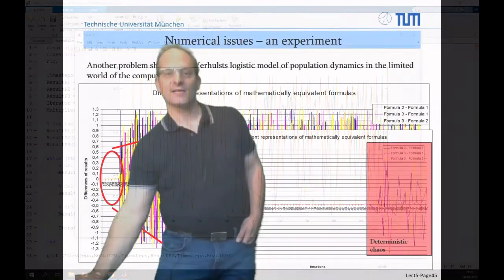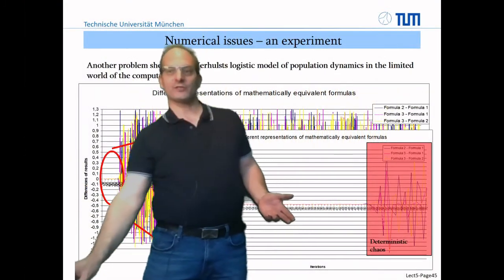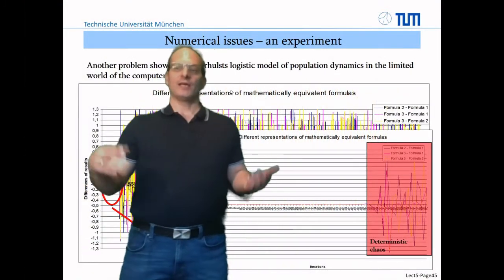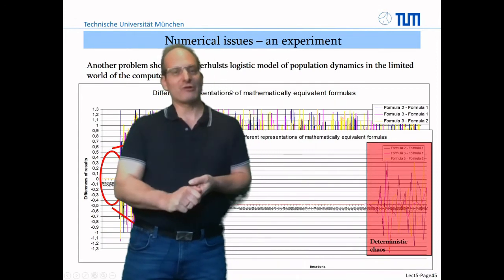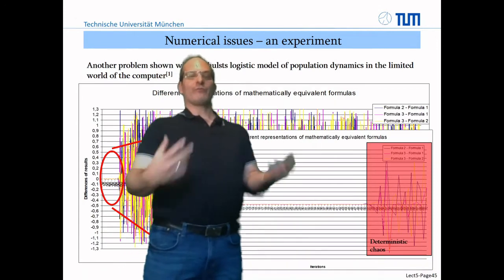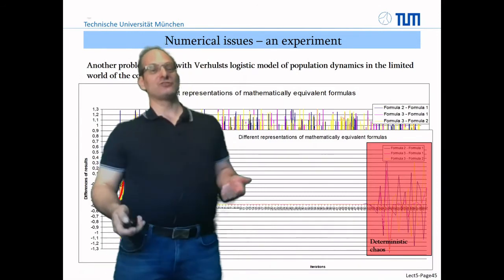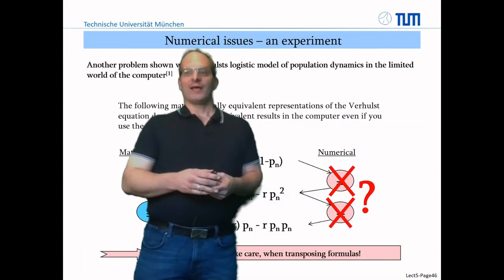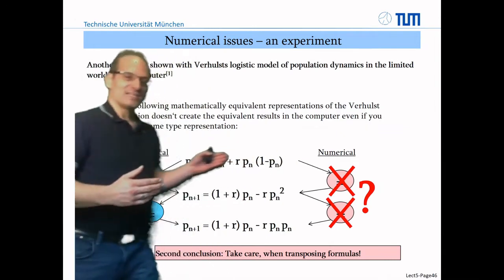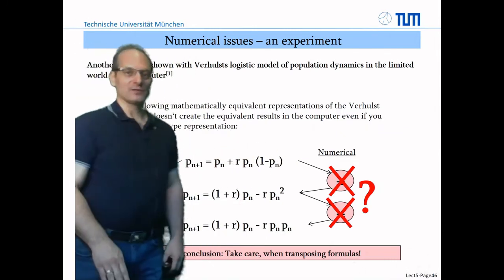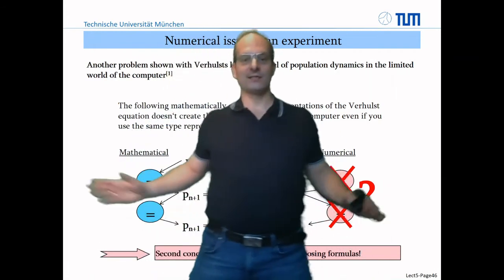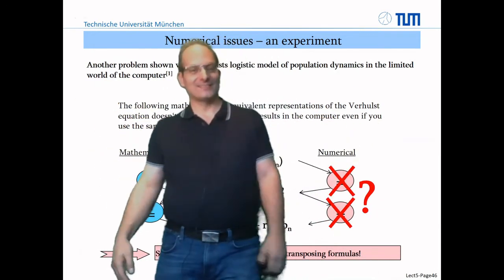So you see that even with modern programming languages, you have to deal with this set of numerical problems. Therefore we need a possibility to deal with this situation. Mathematically the equations are exactly the same, and numerically here it's not the same.